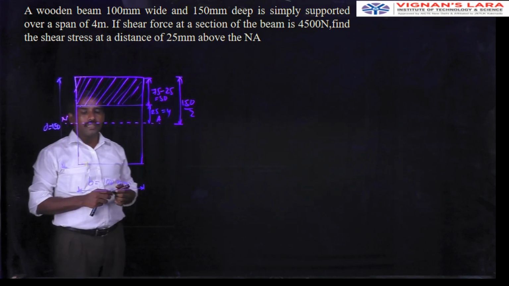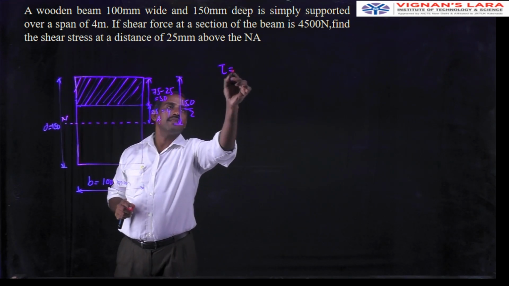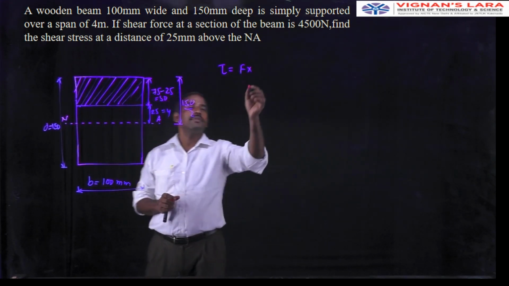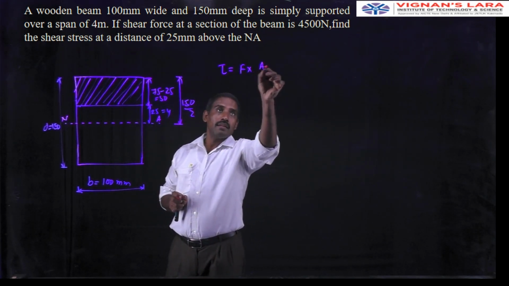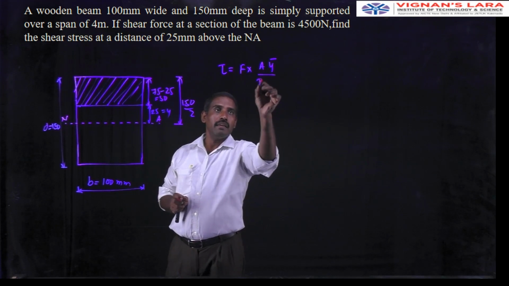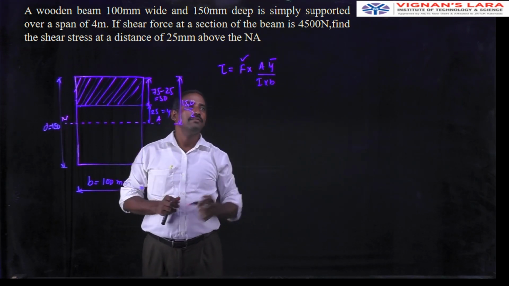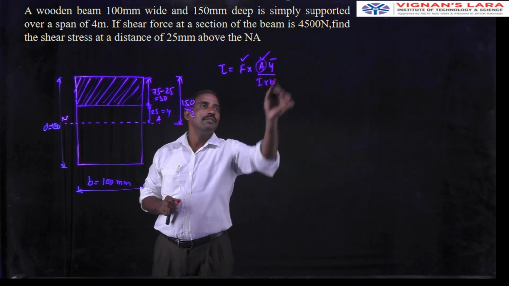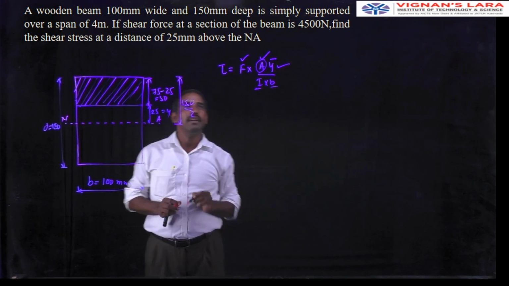As we know the equation, stress tau is equal to F into A into ȳ by I into B. We know the F value, so we have to calculate the A value, ȳ value, and I value, and B is given.